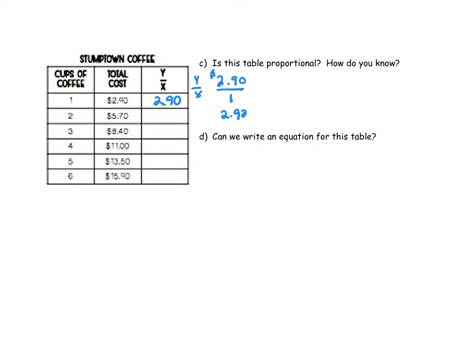So the next row is $5.70 over 2. So pause, use your calculator, and find that value. And this value is $2.85. So it appears that this may not be a proportional relationship.